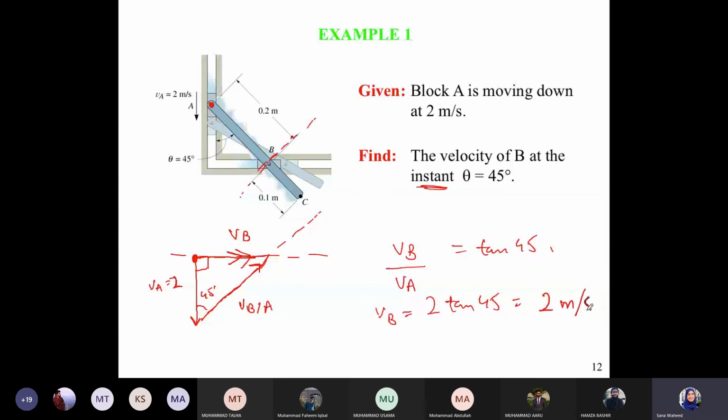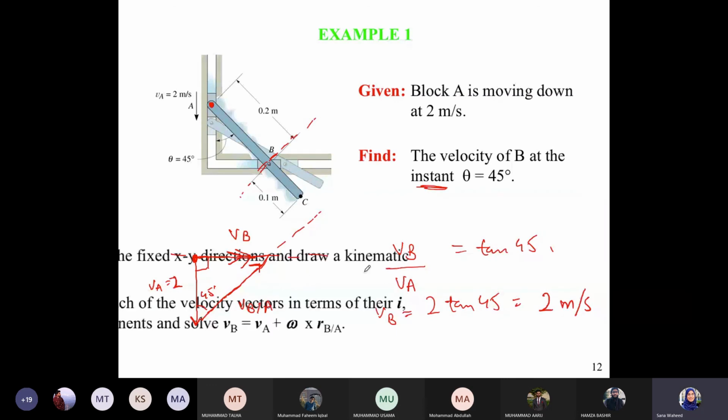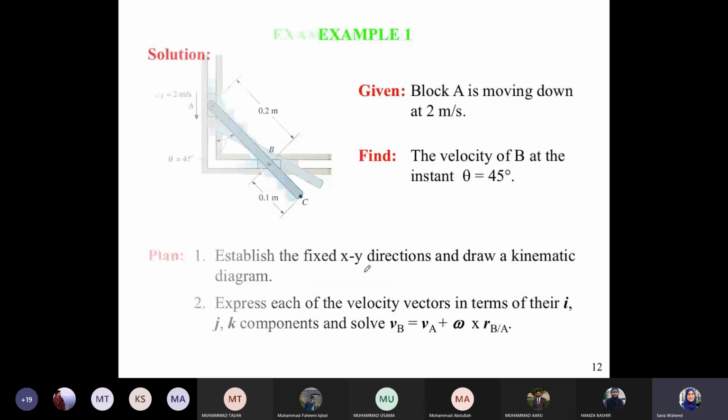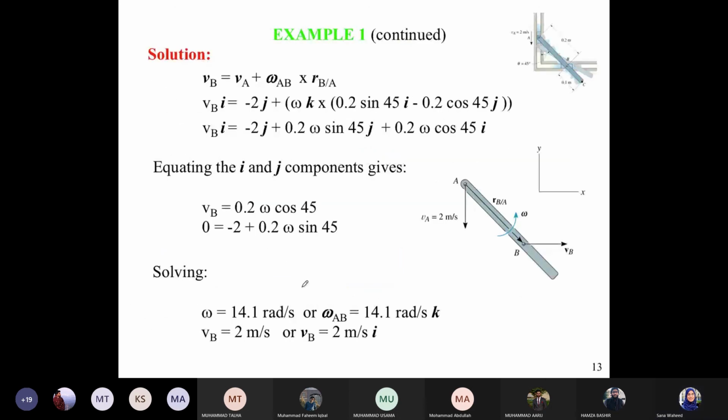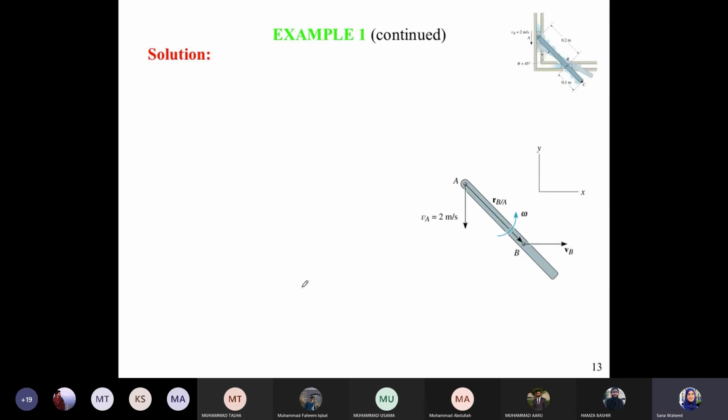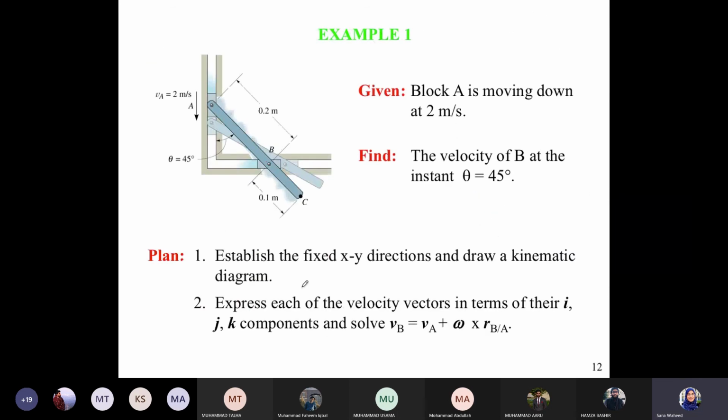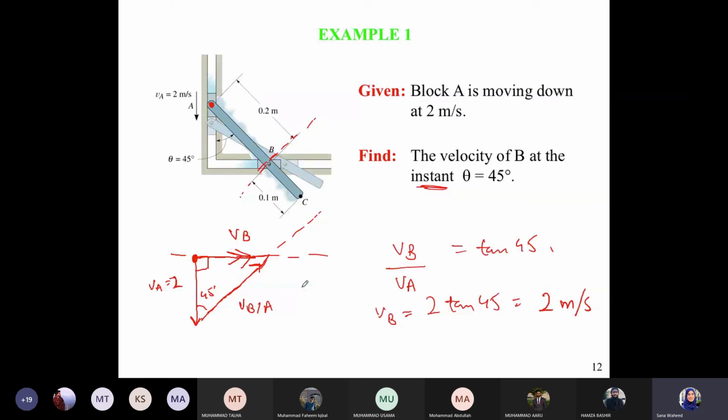This was too easy. Maybe divided by VA. Did I do it right? Why do I get the feeling that this was too easy or I've got something wrong? No, it is fine. Oh, wow. So just 2 meters per second directly. And we know it's to the right.